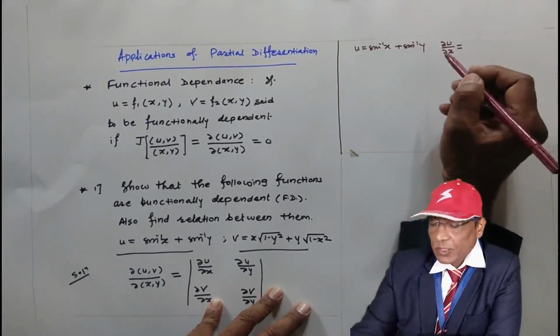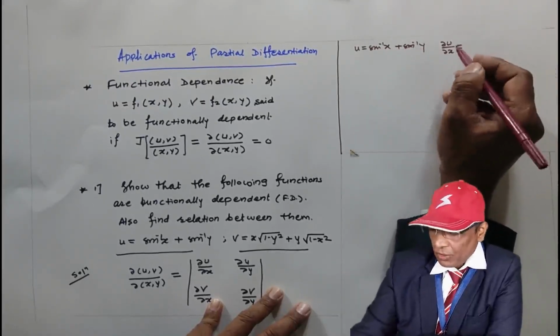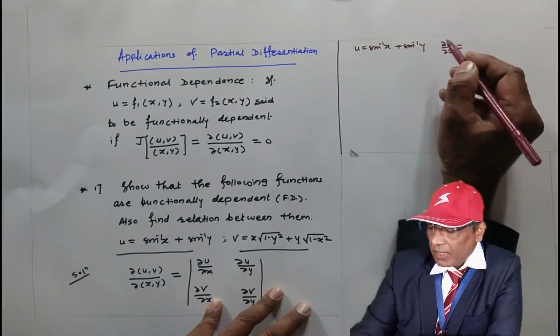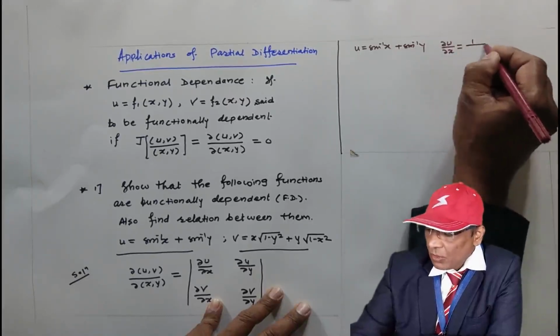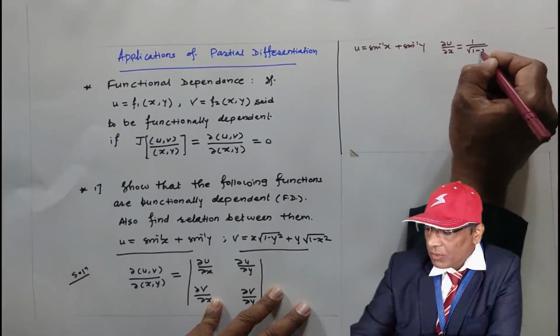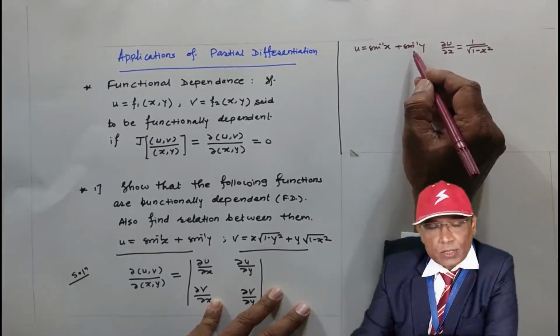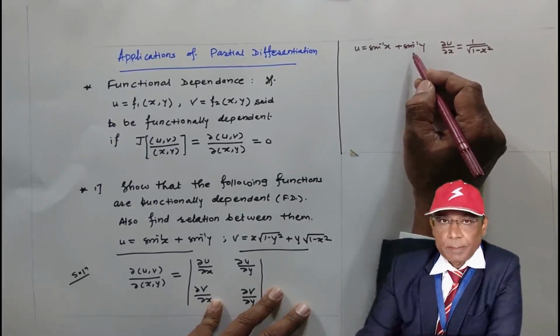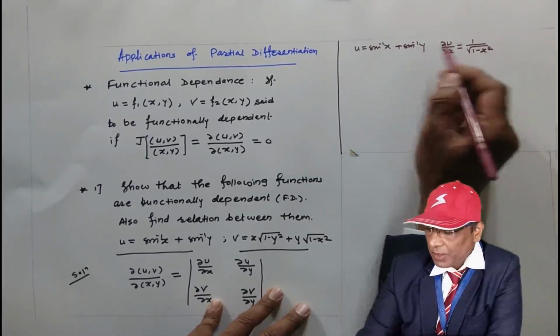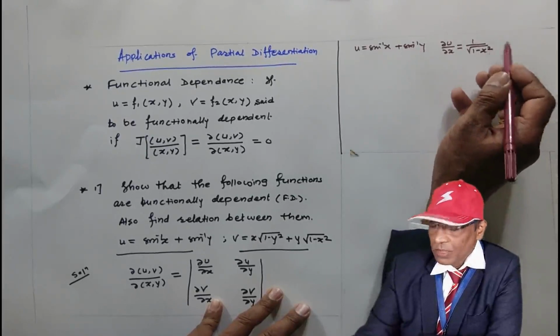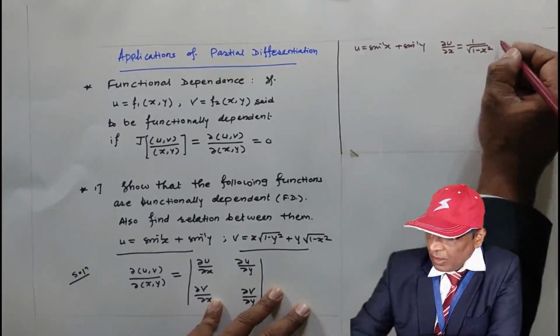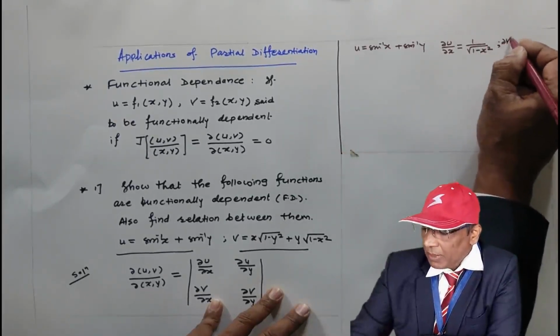The derivative of sin inverse x with respect to x is 1 by under root 1 minus x square, and the derivative of sin inverse y is 0 because we are treating y as constant. Plus 0 I am not writing. Then del v by del x I am writing here.